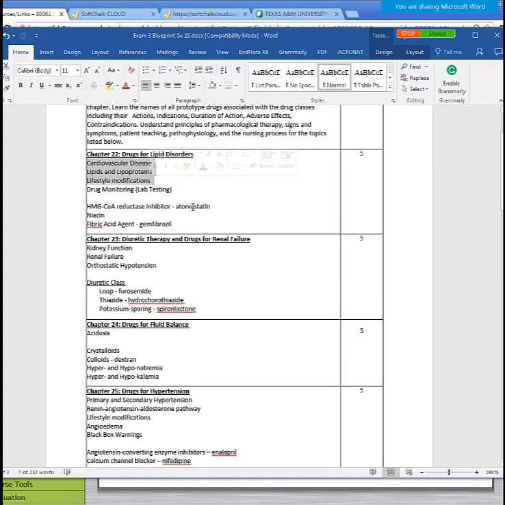I don't say this is question 1, this is question 2, this is question 3. I say these are the general topics, because you may have a question on a statin that requires you to know something about LDL.